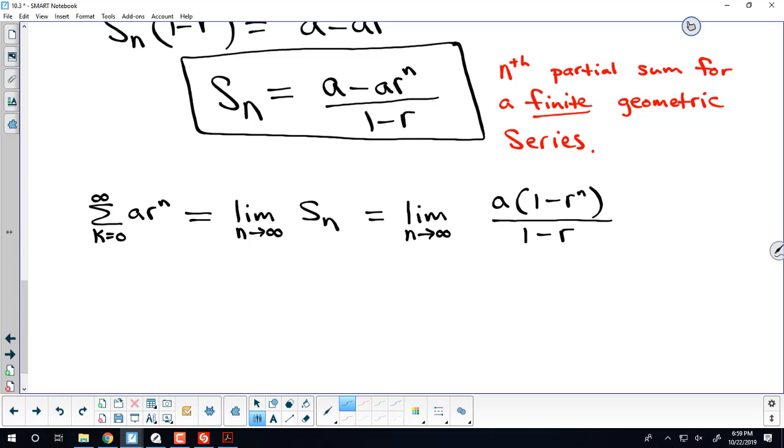So here, let's look at this. We've already dealt with this. Our a is 1. We have 1 times 1/3 to the k. So in this example that we've already looked at, a was 1 and r was 1/3.